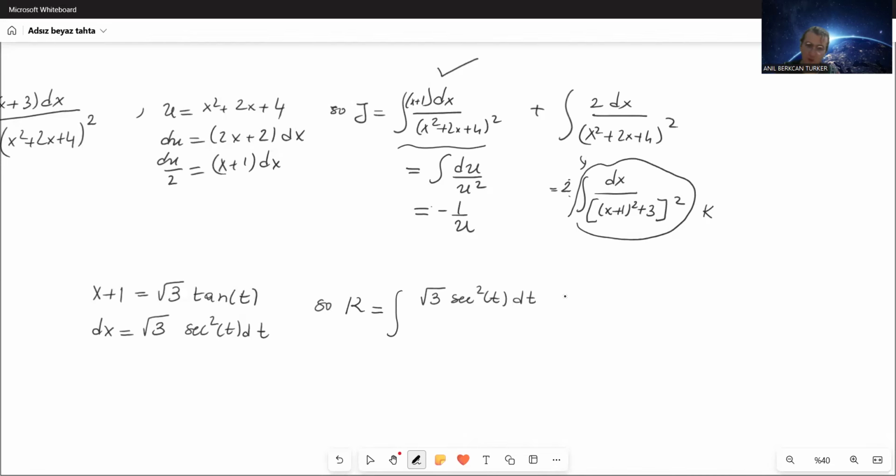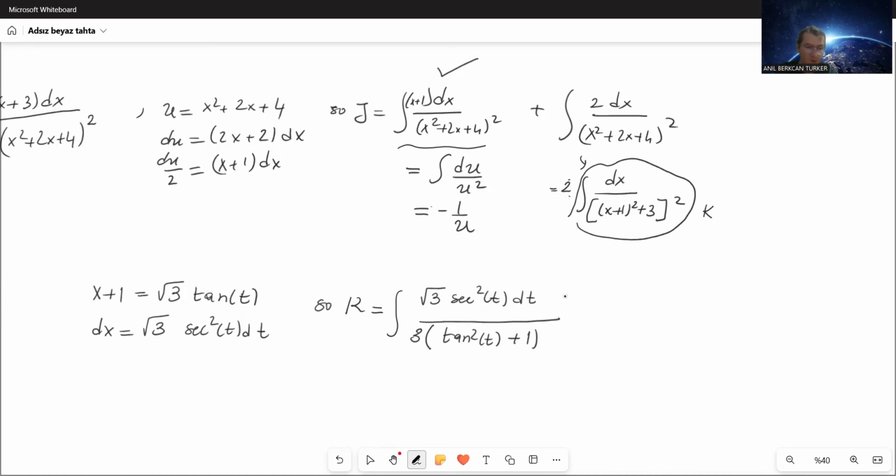In the numerator, I have 3 tangent square t plus 3. So I have 3 in the parentheses of tangent square t plus 1. That was my aim actually.